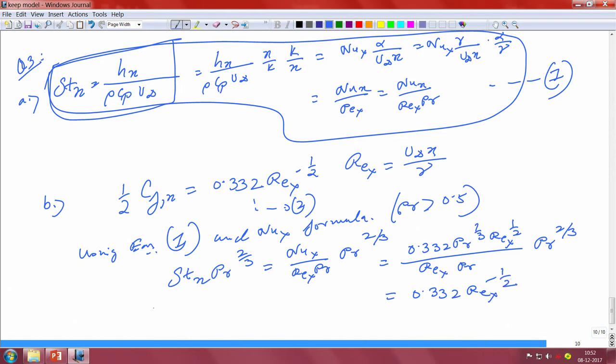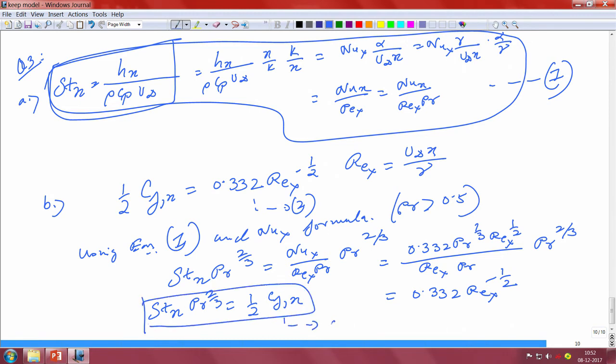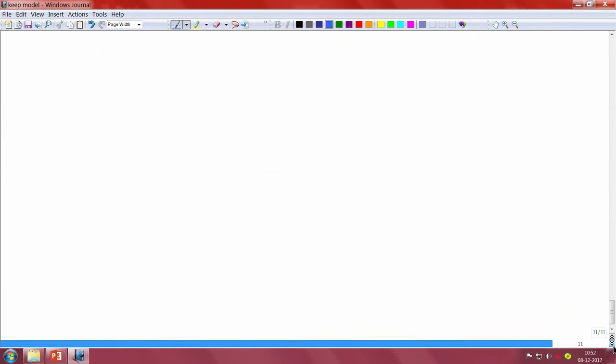So, in other words, this clearly shows that Stanton number, Prandtl number to the power of 2/3 is equal to half CFX. This is applicable also for laminar, applies for laminar boundary layer too. Interesting revelation, right? Got it? Okay. So that takes care of the third problem.